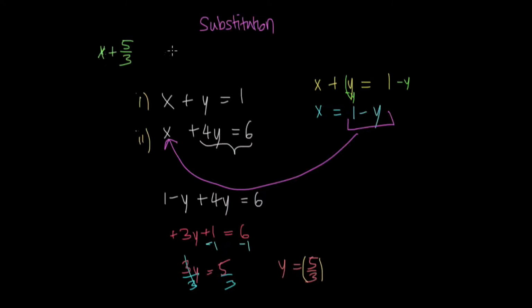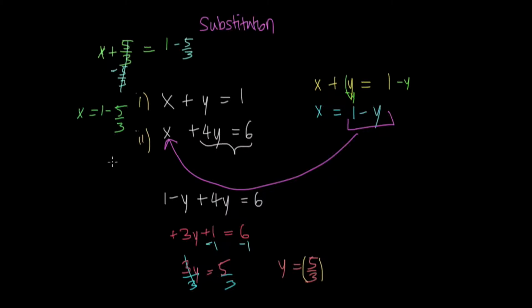So x plus 5 over 3 equals 1, and to get the answer for x, I subtract 5 over 3 from both sides of the equation, and these cancel out, and that gives me x equals 1 minus 5 over 3.